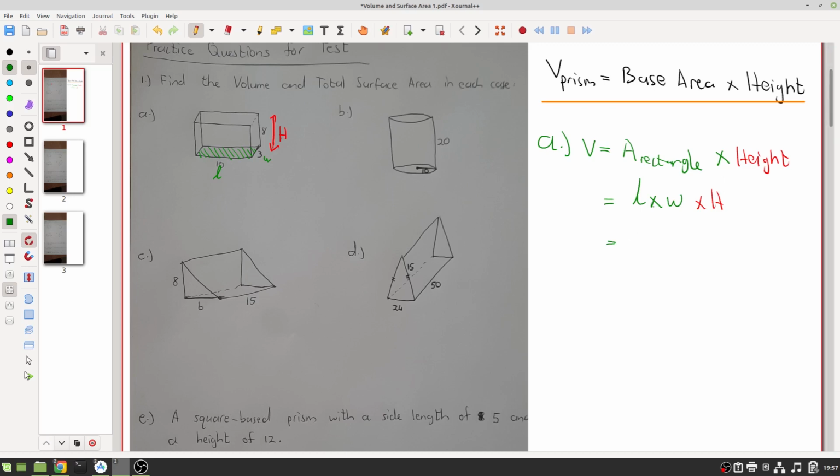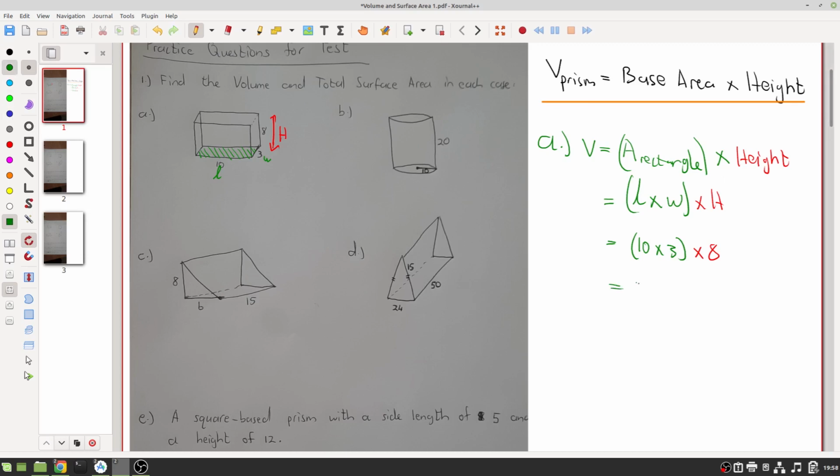Alright, so the length times the width, and let's also do this. So we can say it's the area of the rectangle times by the height, just so we know that this whole part is the area of the rectangle. Okay, so the length times the width of our rectangle, and that we're going to multiply by the height of our prism. In this case, that's 8, right? That's this height, 8.